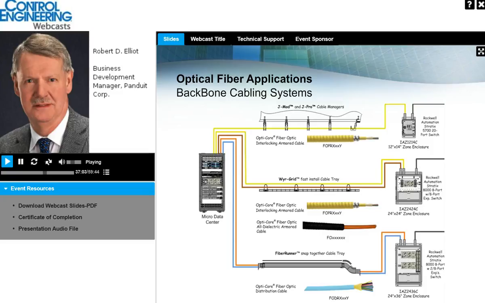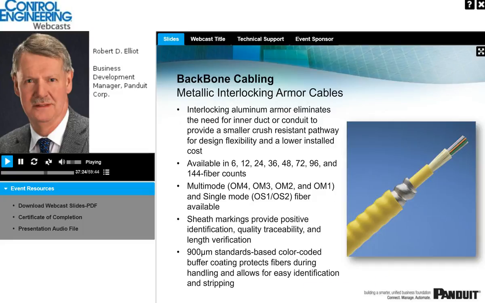So what would happen is the armored cable would enter into, for example, a metallic enclosure, and attention would be needed to properly bond that outer armoring to the ground potential point of the enclosure, and that has to take place at both ends. So that just gives an example of what a metallic armored cable looks like.